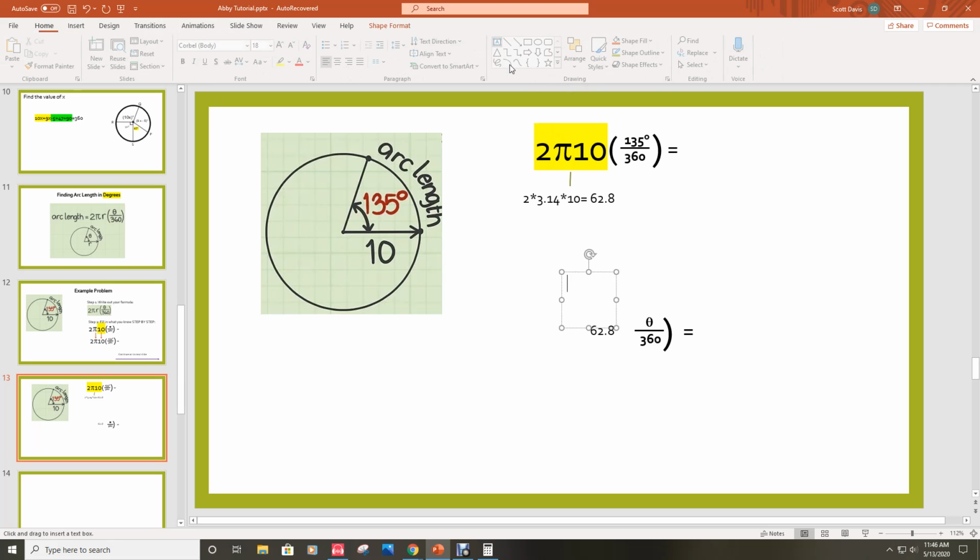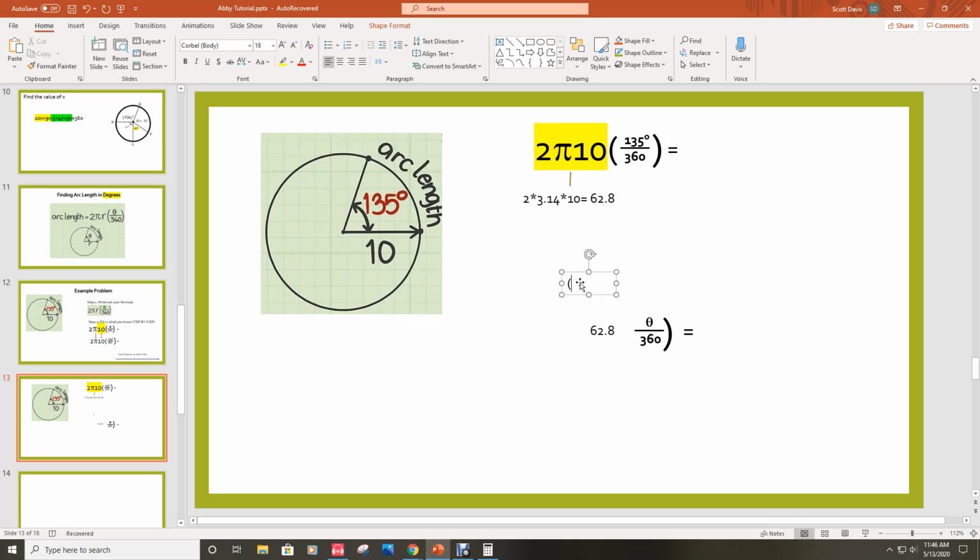This is the hard part about creating the more difficult calculus formulas on a computer screen. I probably should be making this by hand and just showing you on paper. That would probably be best, but it is what it is. So 62.8.